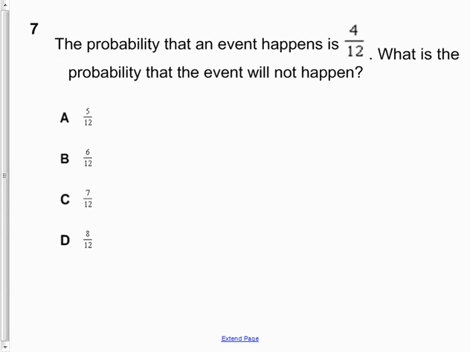For question 7, the probability that event happens is 4 chances out of 12. What is the probability that the event will not happen? Well, if I take 100%, which would be 12 parts out of 12, and I subtract from it the probability that something will happen, that's 4 out of 12, that's 8 chances out of 12 that it will not happen.